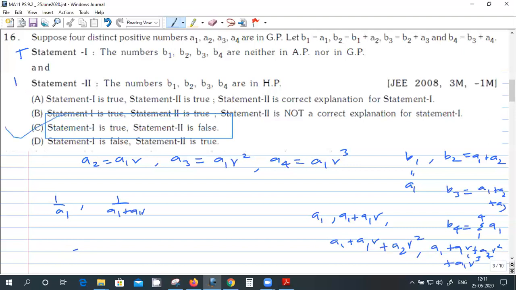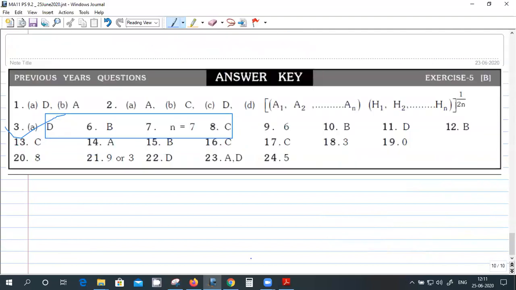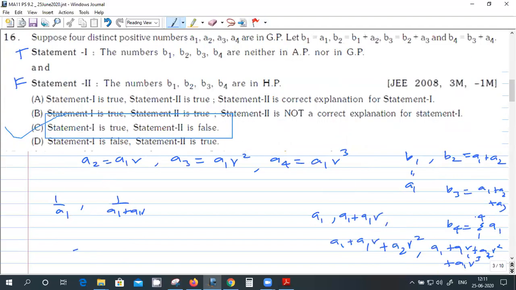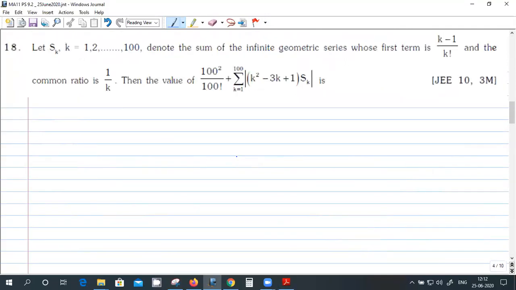So C was the only possibility. So the sequence B is like a sum of GP: first term, 2 terms, 3 terms, and 4 terms. So it's not this one. Infinite geometric series.